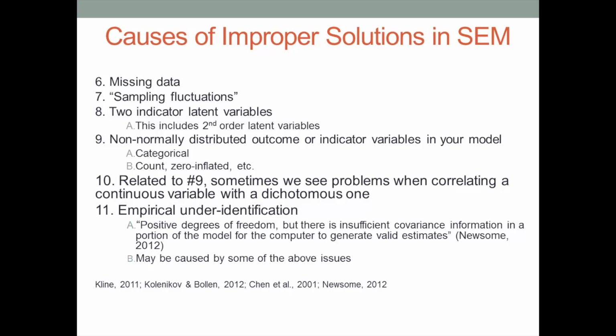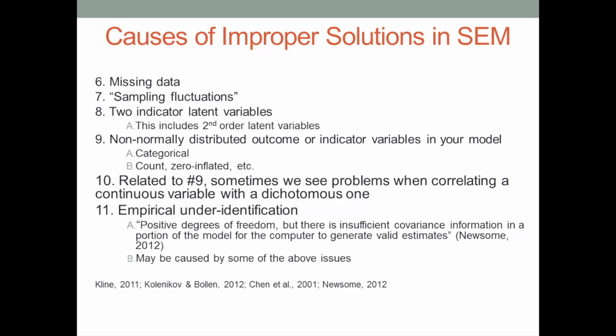2-indicator latent variables. This includes second-order latent variables if you only have 2 indicators at the second-order level. If you are trying to model a non-normally distributed outcome, like a count outcome or dichotomous or categorical outcome, and you're trying to model it as continuous, you could get this kind of error.